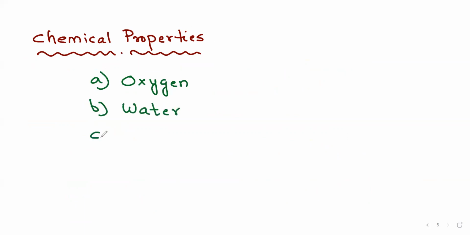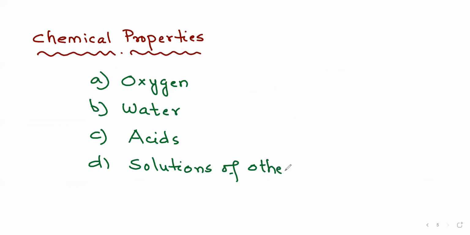Third is how they react with acids, and the fourth is solutions of other salts. These are the four chemical properties we will be learning for metals and non-metals. In the previous class we discussed the reaction with oxygen and water, so let's discuss oxygen and water first.